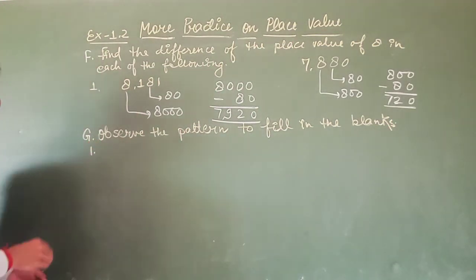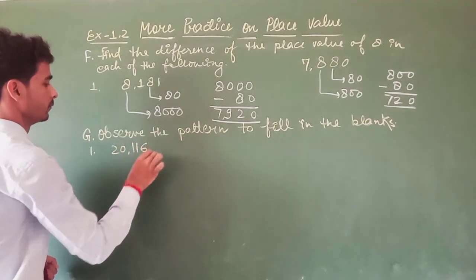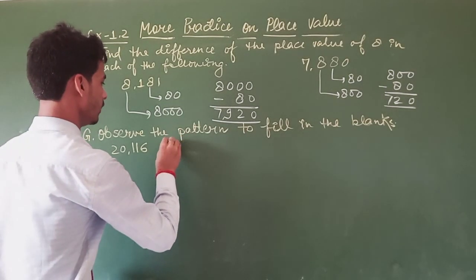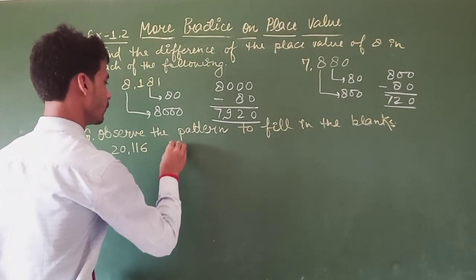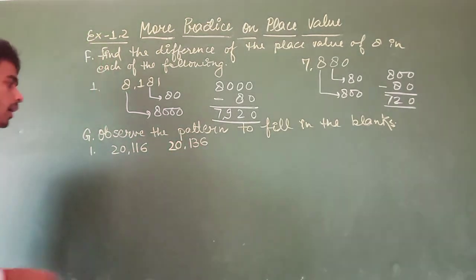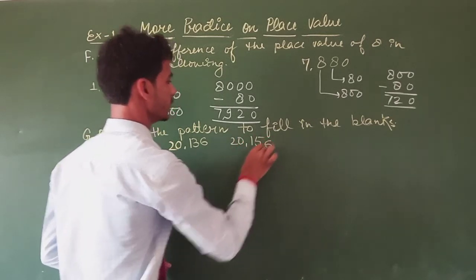First is 20,116, 20,146, 20,156, 20,176, 20,196.